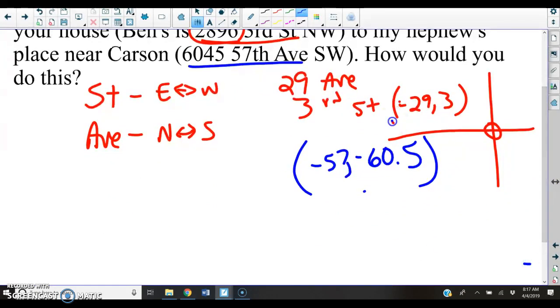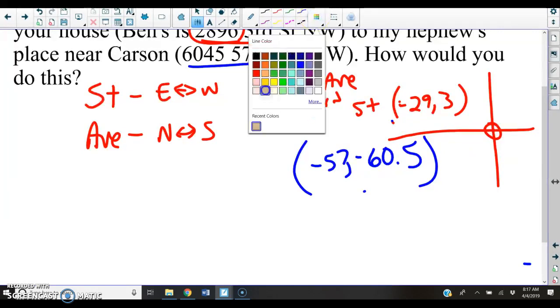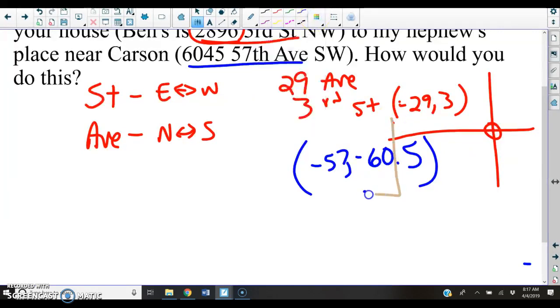Okay, so some of you are going to say, well, I'm going to use the Pythagorean theorem. Okay, so you're going to go from -29 to -57. Isn't that 28 miles? And then in this direction, it would be 63.5 miles.